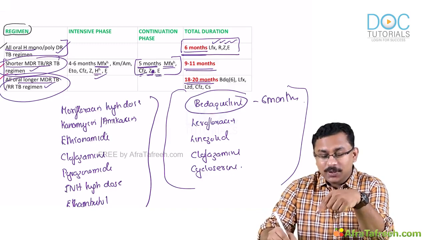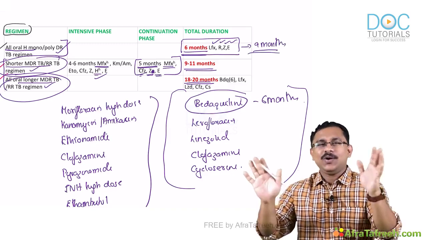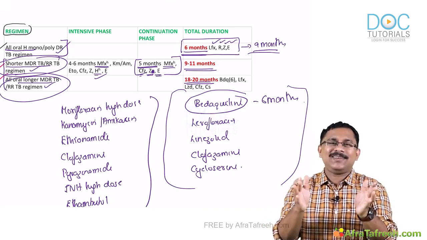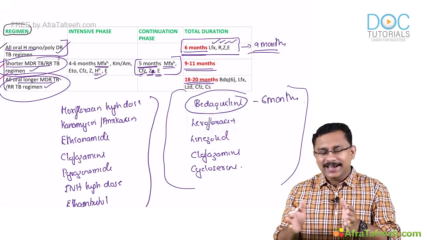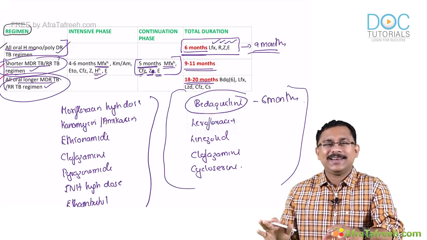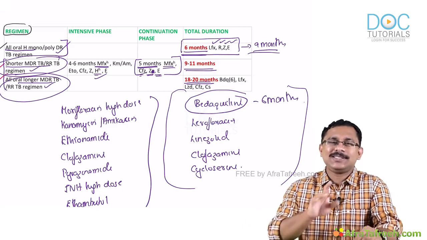In that case, the total duration may be extended to 9 months. You need not know that much. Maybe at least this you should know, how the treatment is done in the drug resistant group. And here again, it is a daily dose that is given. I hope this part is very clear to you on the management of drug resistant tuberculosis.